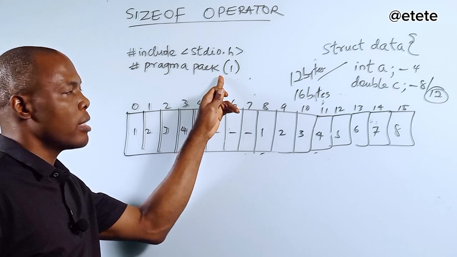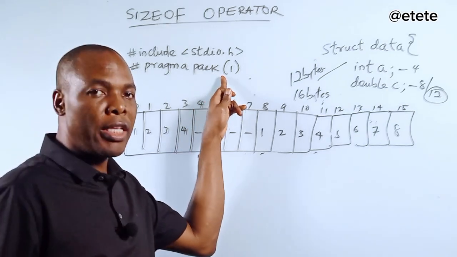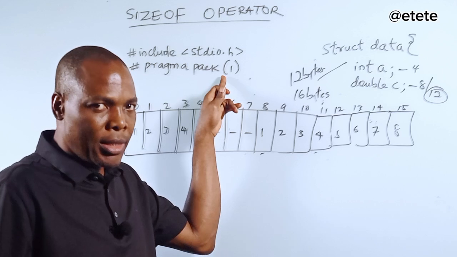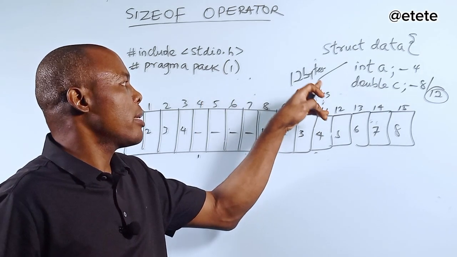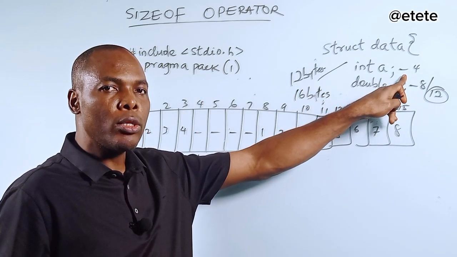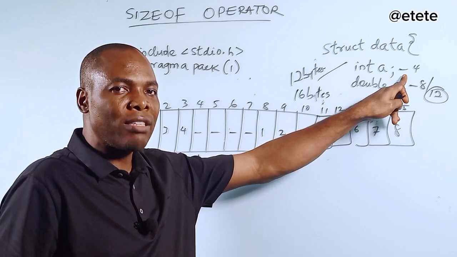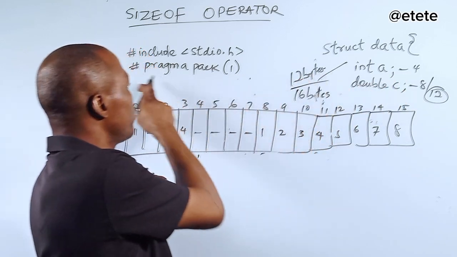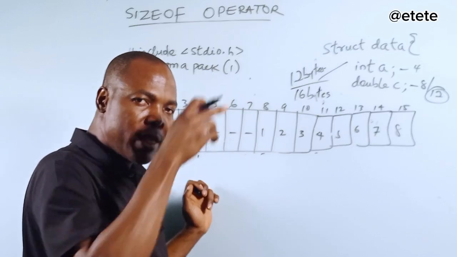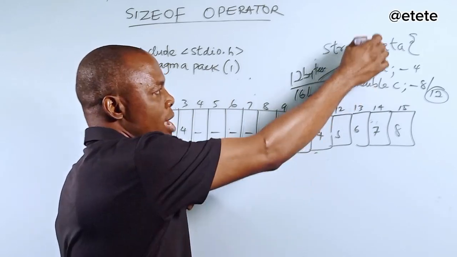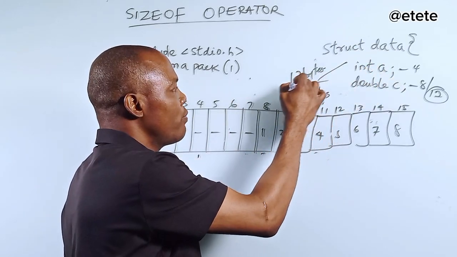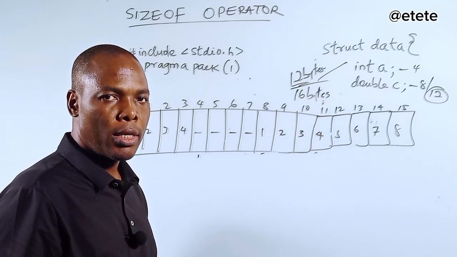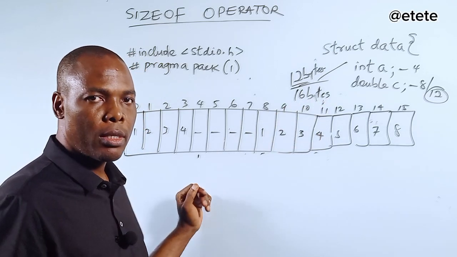What this preprocessor directive is simply saying is that I don't want padding. So when you print out this data type for me, don't pad it. Give me the exact value of the space, which is what? 12 bytes. So if you introduce this, anytime you run your program, it will give you the exact byte. It won't give you in the multiple of 8.